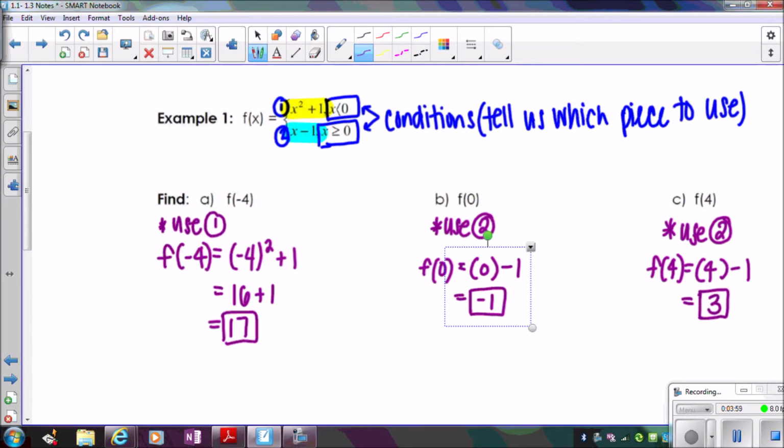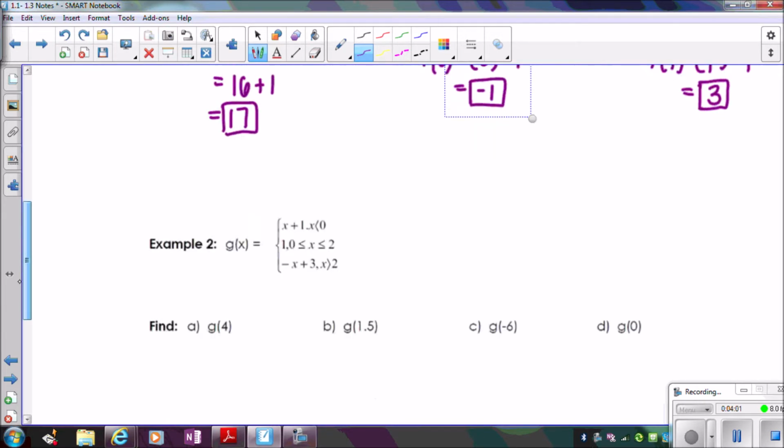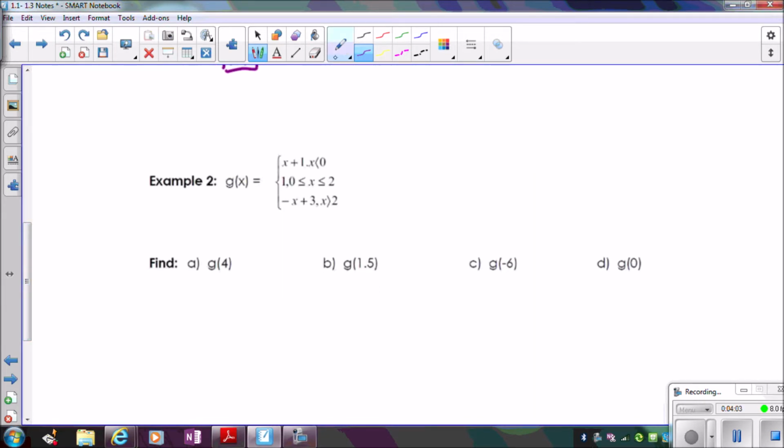So that's it. If you look at the next one, we have 3 parts now. It's going to be the exact same thing. Here are our conditions right here. We have x is less than 0. 0 and 2 are what x is bounded by, so x has to be greater than or equal to 0 and less than or equal to 2. And this last one, x is greater than 2.